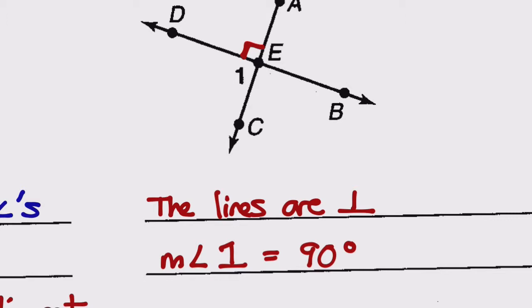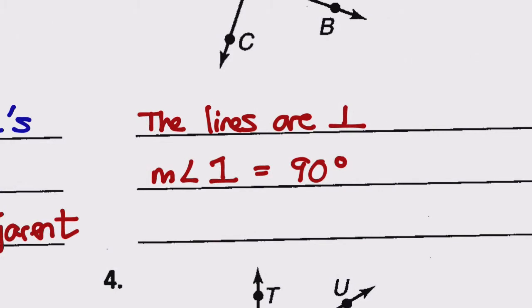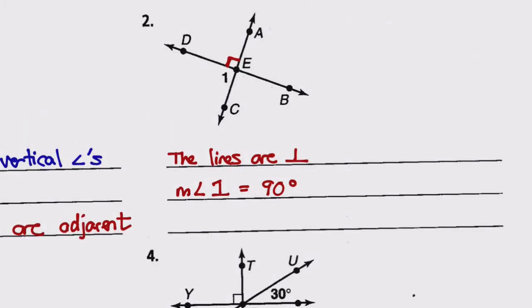Okay, next, what about a pair of vertical angles? Reagan. Angle 1 and angle AEB. Okay, that's true. Angle 1 and angle AEB. I'm going to trace it real quick.